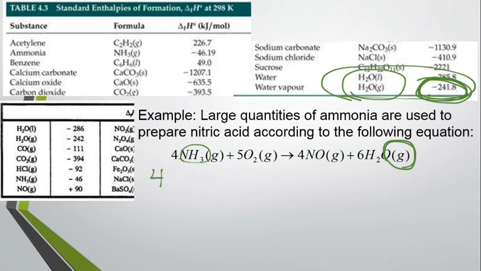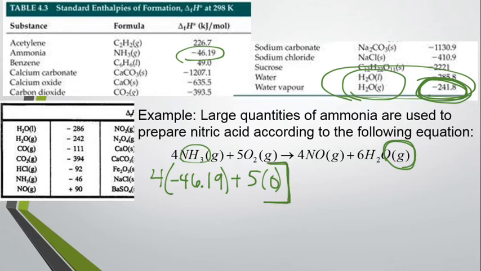I'm basically going to replace NH3 with its number and leave that coefficient up front. So 4 times negative 46.19 plus 5 times 0, just reminding myself that that is 0. And that is my reactant side here.